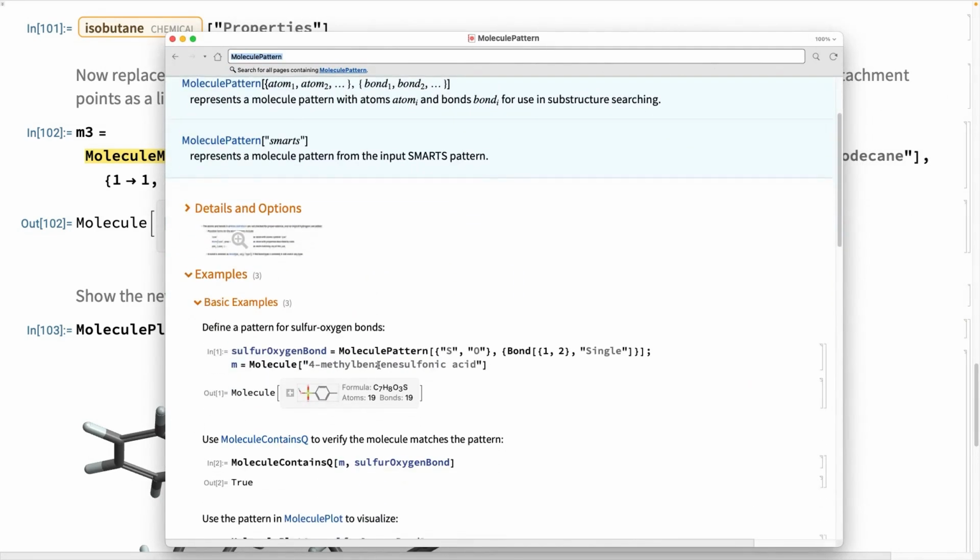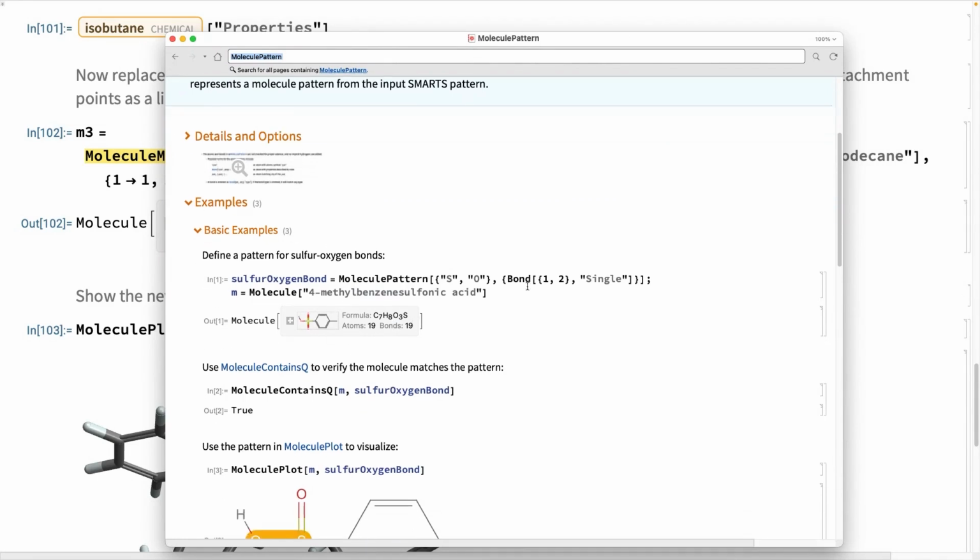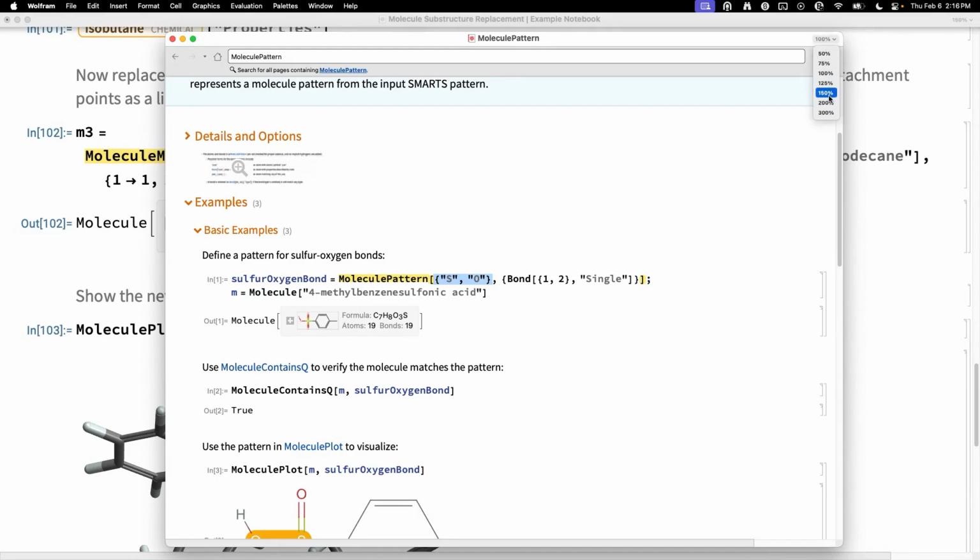So here we can represent patterns that you might see occurring in a molecule. Here's a pattern for, say, single bonds between sulfur and oxygen. And then if we have some molecule, we increase the magnification here.